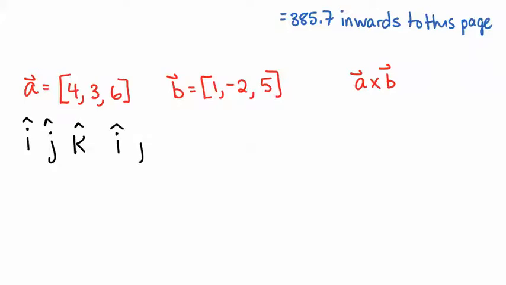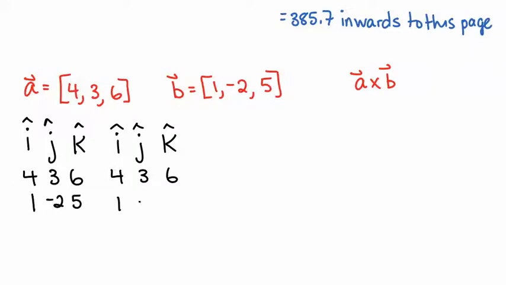If you write these out twice, i, j, k, and we're doing A cross B, we'll start with vector A, 4, 3, 6, 4, 3, 6, and then do our i, j, and k components for vector B underneath, so 1, negative 2, 5, 1, negative 2, 5. This is just a strategy for finding the cross product, because the algebraic formula is kind of hard to memorize, so doing it this way makes sense.